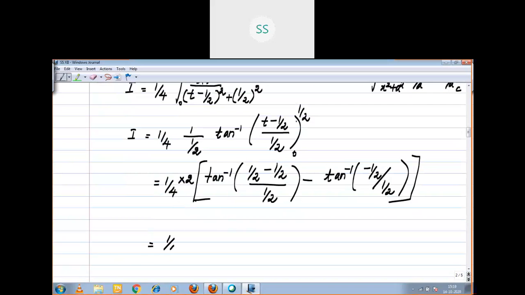That is 0 minus 1/2 is nothing but minus 1/2. Here it becomes 0.